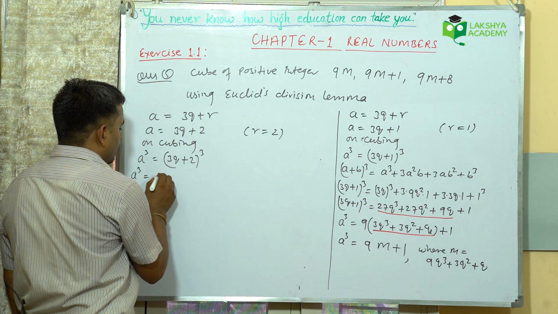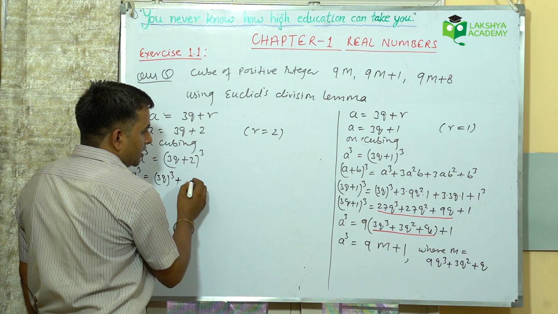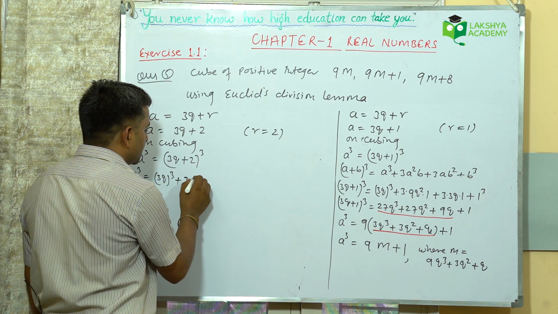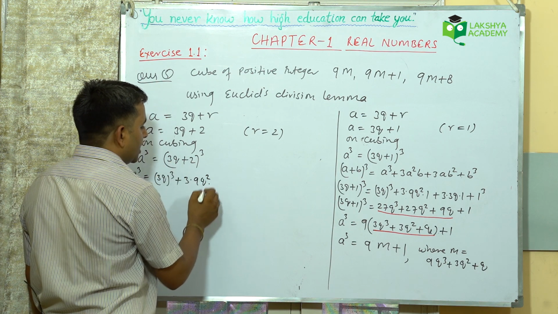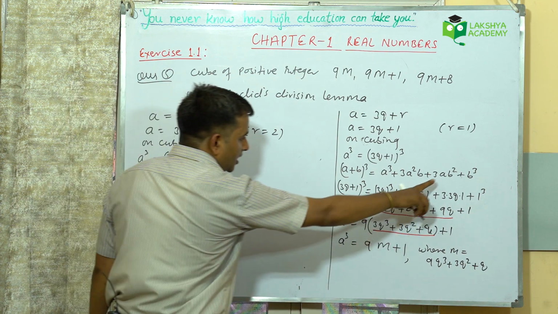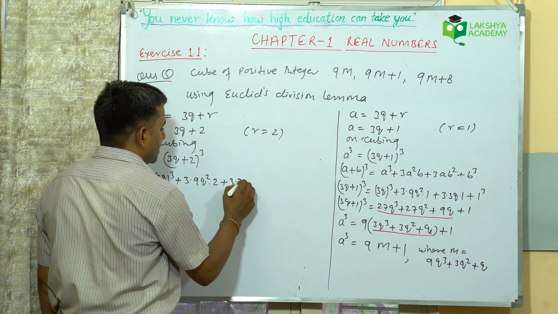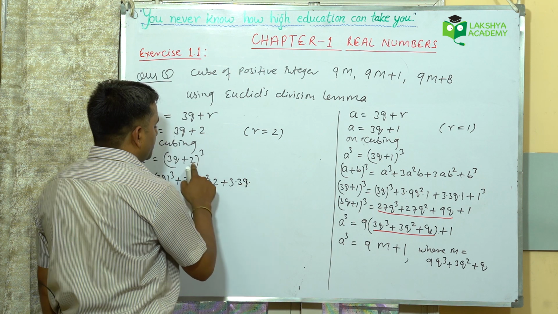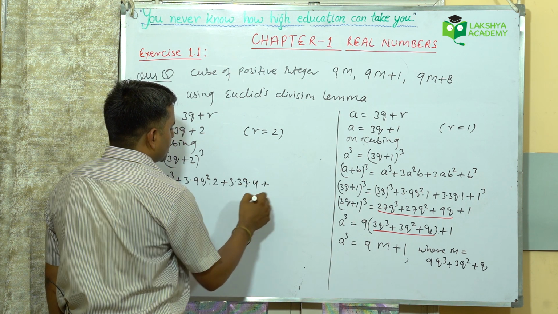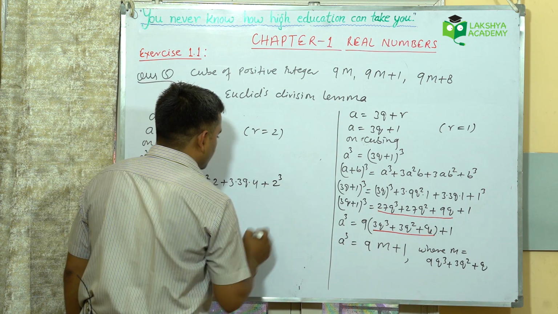So a cube equals, by substituting the values in this identity, 3q whole cube plus 3a square, which means 3 times 3q square. So this is 9q square into b, which is 2, plus 3ab square, 3 into a, which is 3q, into b square, which is 4, plus b cube, which is 2 cube.